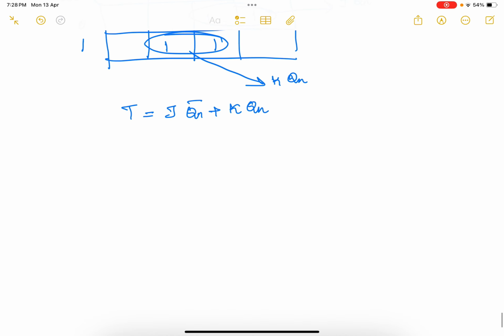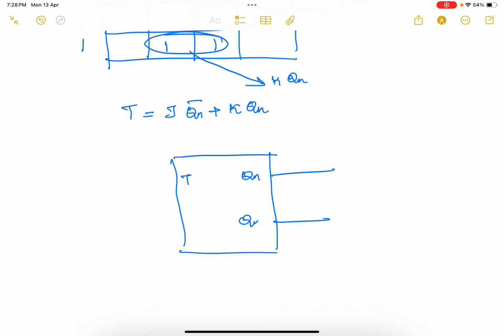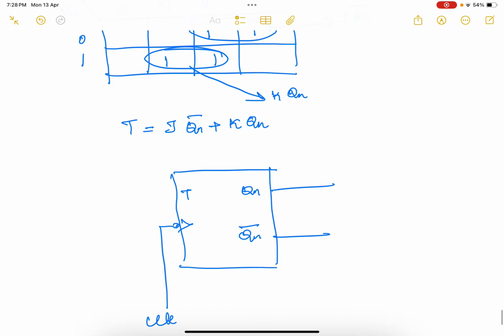Clear? So now you are going to convert your T flip-flop to JK flip-flop. T is my input, and here you will have your Qn and Qn bar, and here there will be a clock pulse. For J into Qn bar, I will have one AND gate, and another AND gate, and both are connected to one OR gate.